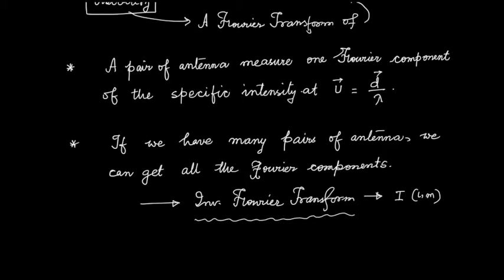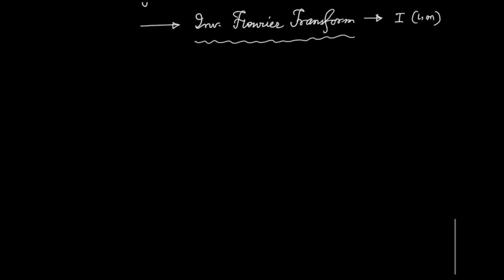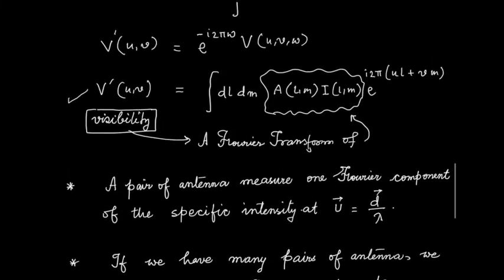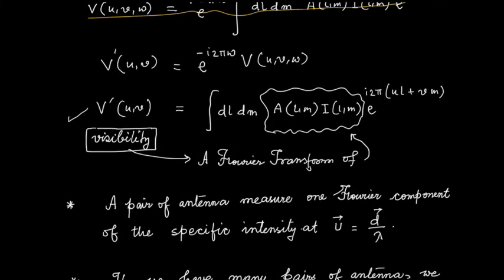There is one more interesting thing that happens here. Let's ask the question: how many Fourier components can we measure? This spatial coherence function, or visibility, is essentially the interference pattern of the antennas. Because of that, it's called an interferometer.